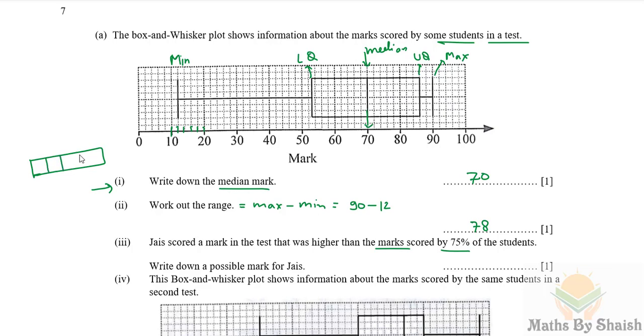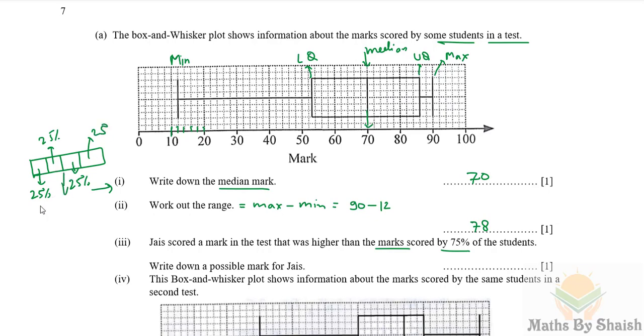This box and whisker plot is divided into 4 equal parts, the complete data, and each part is 25% of the data. It is also 25%, it is also 25%, all are 25%.